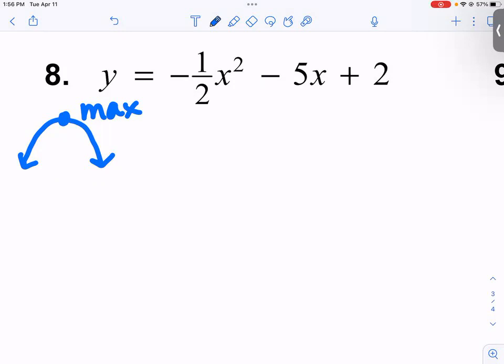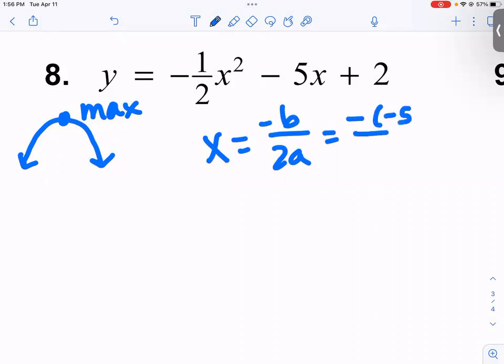Number 2, where's it going to be? X equals negative b over 2a. Got it. Okay, what's b? Negative 5.